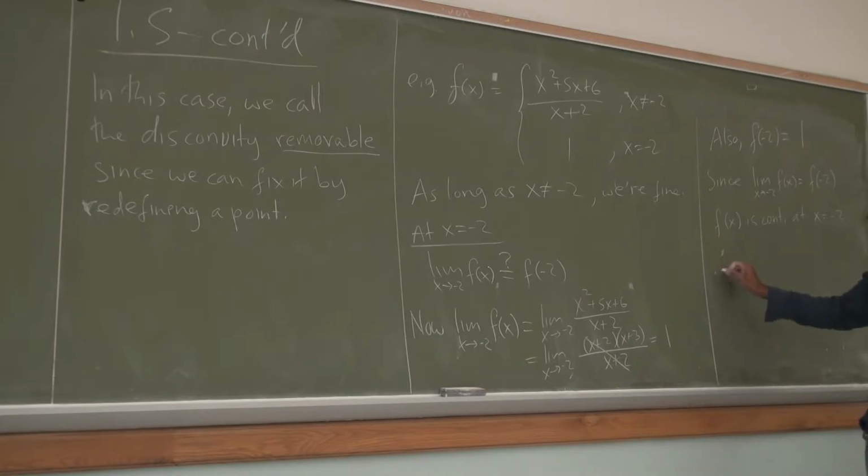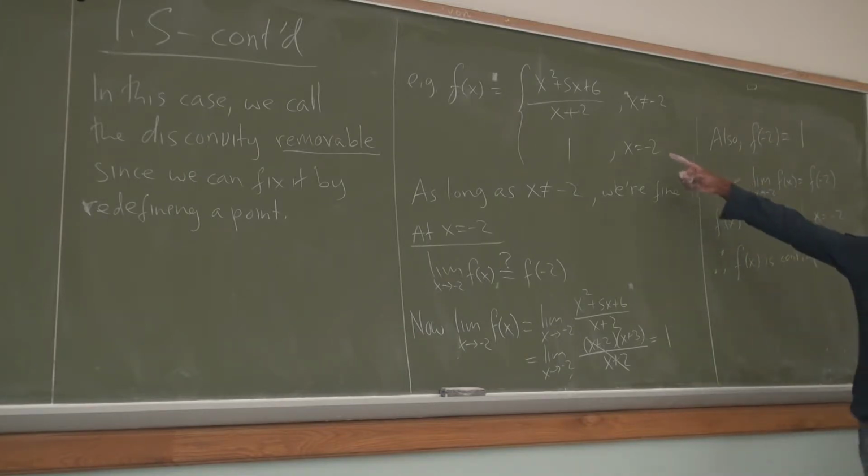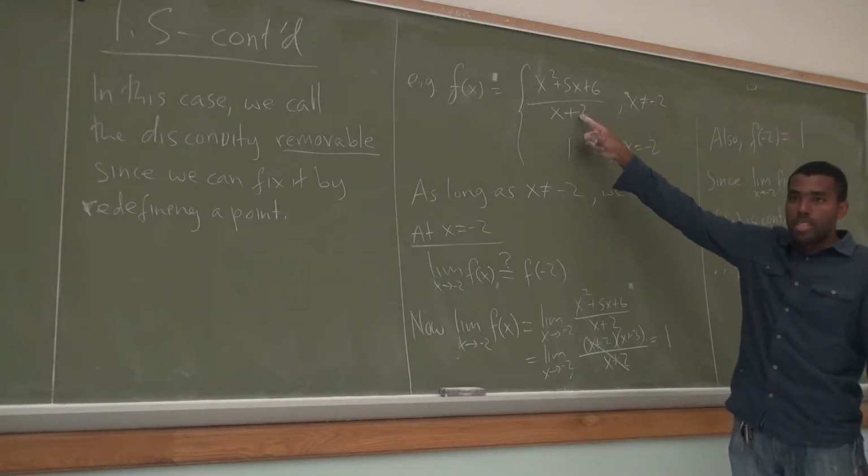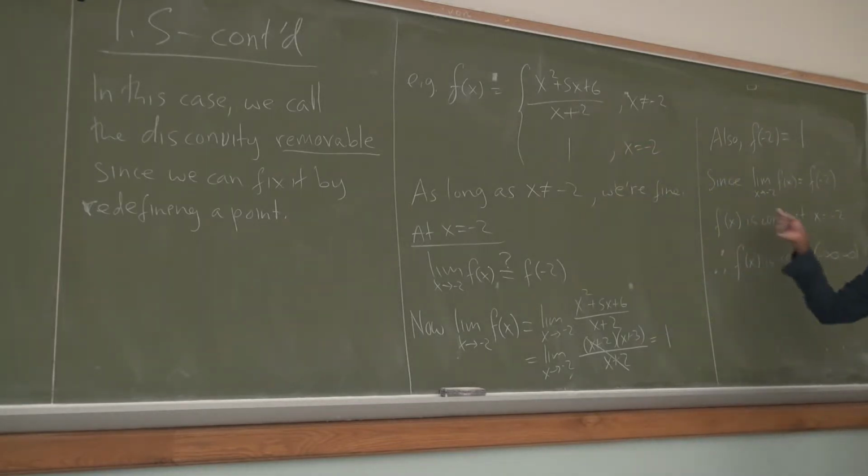And therefore, f of x is continuous everywhere. The only possible thing that could go wrong is at the point minus 2, because you divide by 0 here. But then when you work through it, you realize, oh no, we fixed it with this.